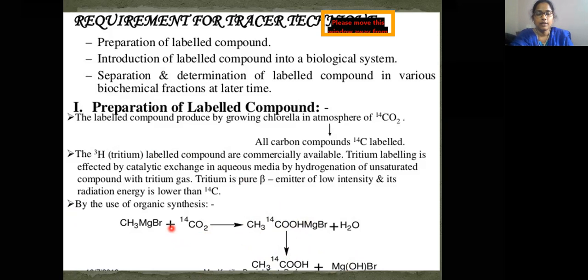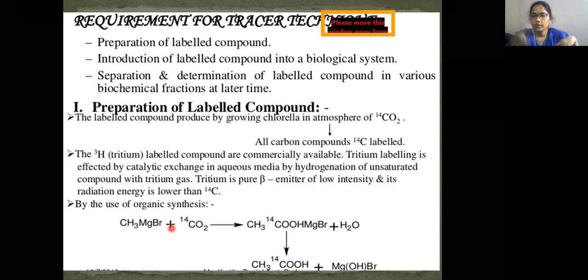And we can also use the nuclear reactor or accelerator, right? So here the example is N14-7 reacting with hydrogen. Okay, so if you bombard these two in a nuclear reactor, what happens, it forms C14 and one proton.